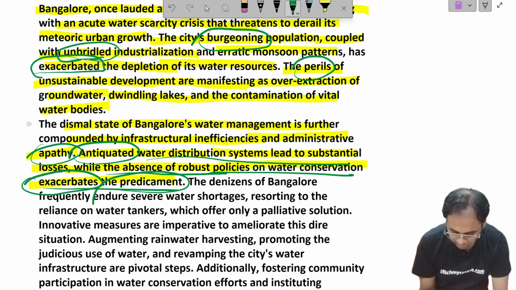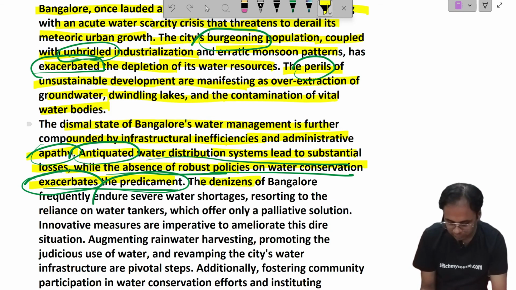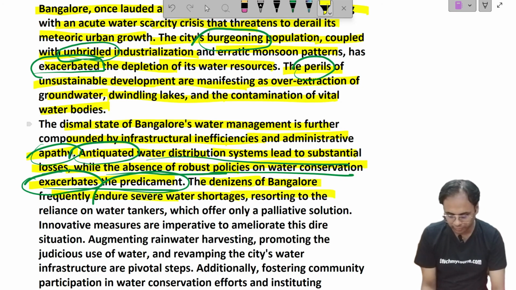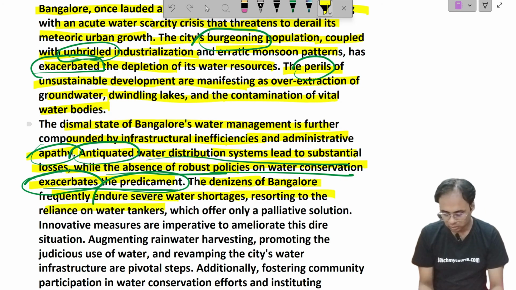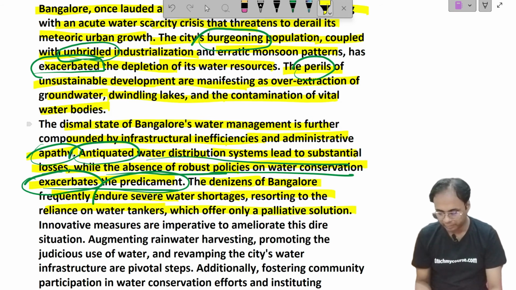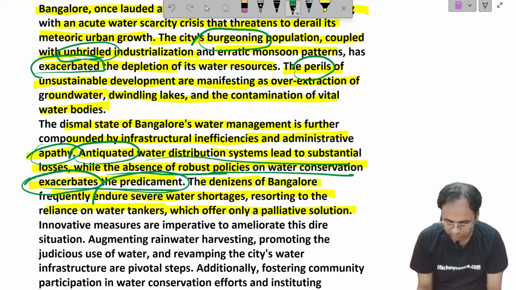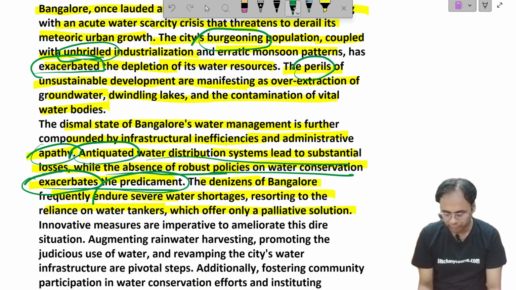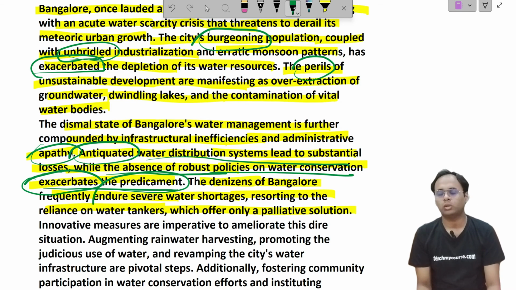Next is, the denizens, like the residents of Bangalore, frequently endure severe water shortages, resorting to reliance on water tankers, which offer only a palliative solution. What does that mean? The citizens of Bangalore frequently endure severe water shortages. Water shortage is a common problem, and citizens tackle it almost on a daily basis.